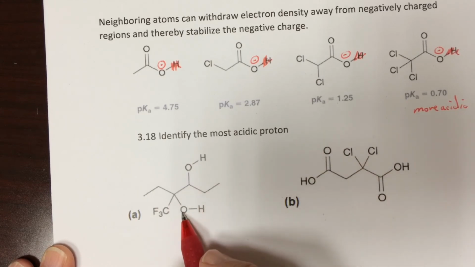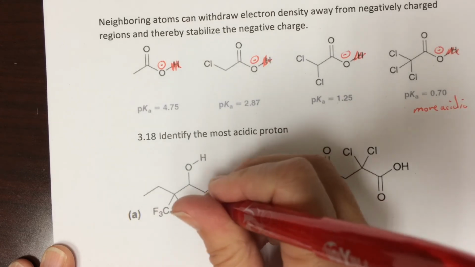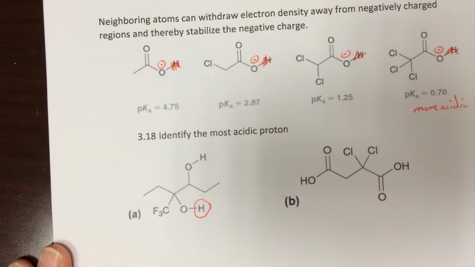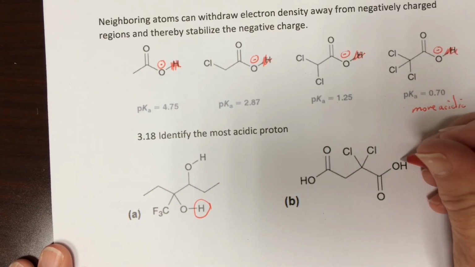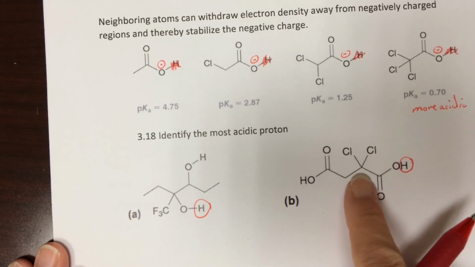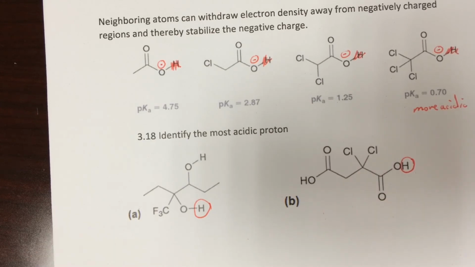If we put a negative charge here, it's only 2. So this one will be the more acidic because it's closer to the fluorine. And here, it's this one. And again, it's because it's closer to the chlorines that are pulling electrical charge away.